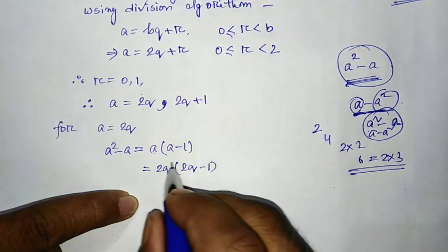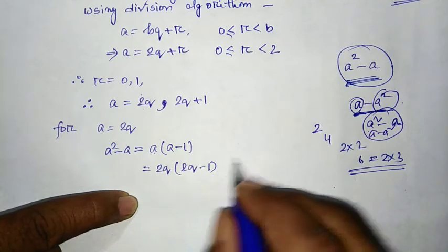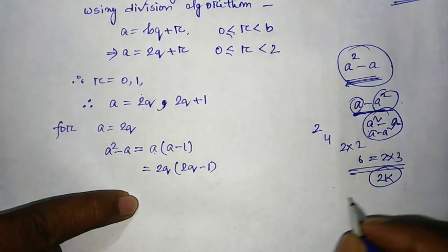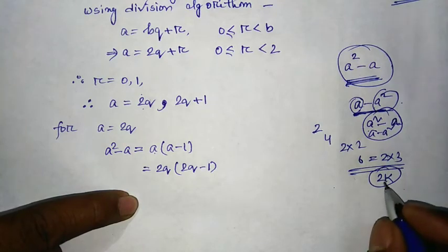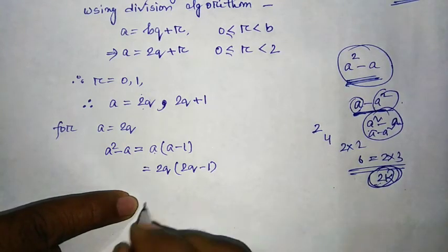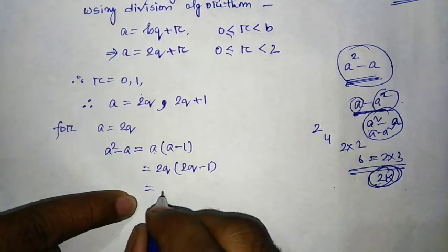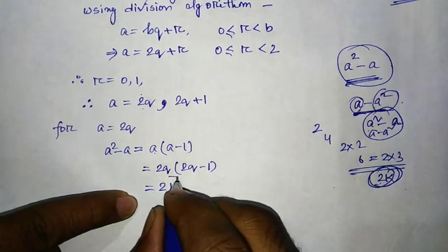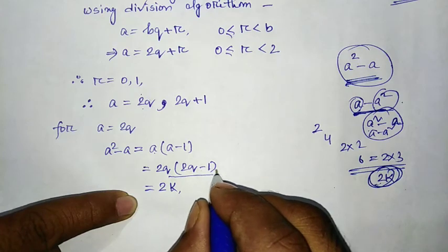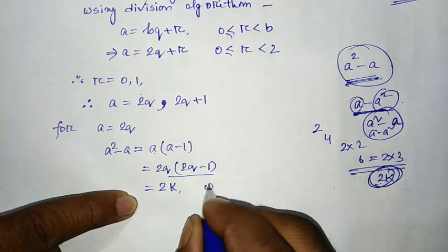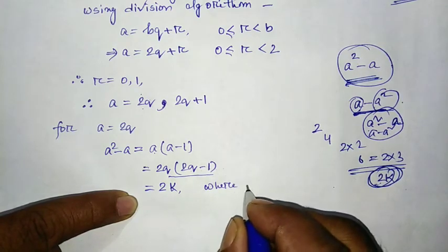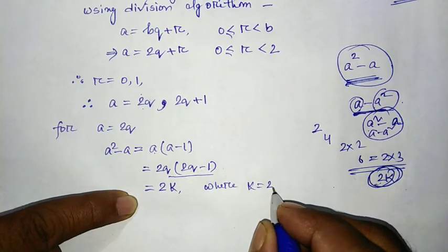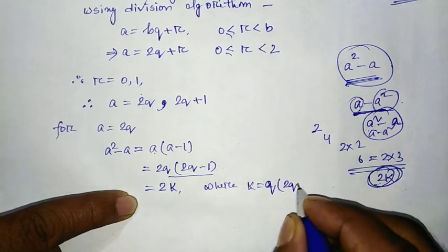That means if we can express it in the form of 2k or 2p, whatever, then it will be an even number. So if we write it in the way 2k, and I have considered this value q into 2q minus 1 as k, where k is equal to q into 2q minus 1.